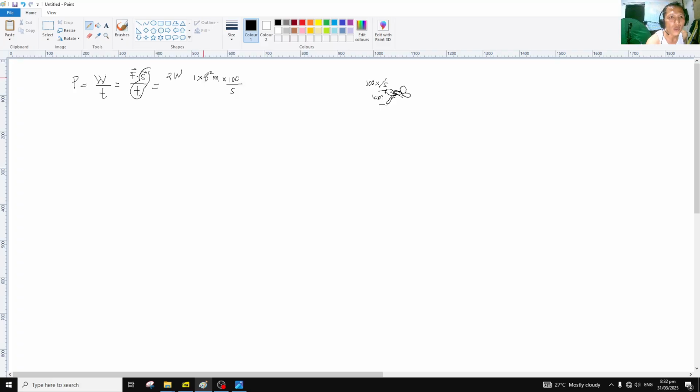So, that would be 2 mg times 1 times 10 to the negative 2 meters times 100 per second. So, ito na yung displacement mo, meters per second. So, ano yung mass? That is 10 g. Binigay niya 10 grams.